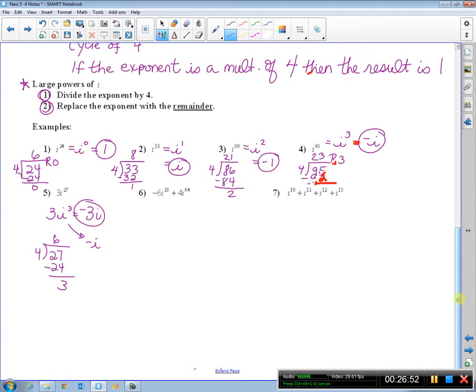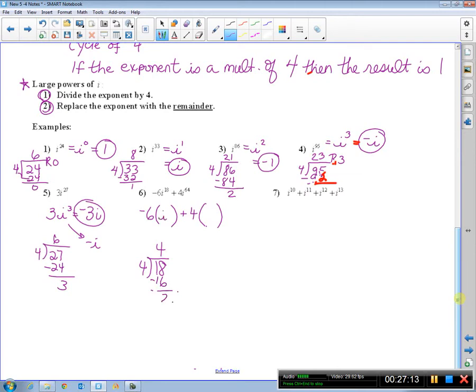Negative 6 times what we get plus 4 times what we get. So we have to take that 18 and divide by 4. 4 goes in 4 times. Leaves us with a remainder of 2.